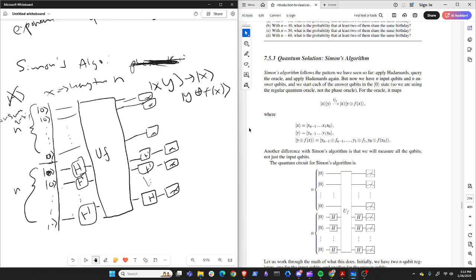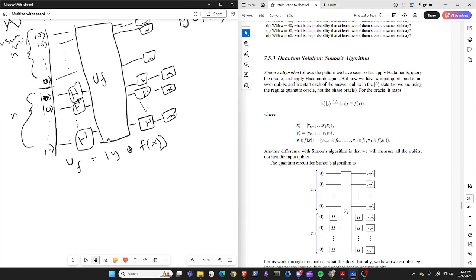All right, so in this case, the oracle U sub f works by outputting y XORed with f of x, which is equal to y sub n minus 1, the n minus 1th answer qubit, XORed with the function f sub n minus 1, all the way down to y0 XORed with f of x sub 0.